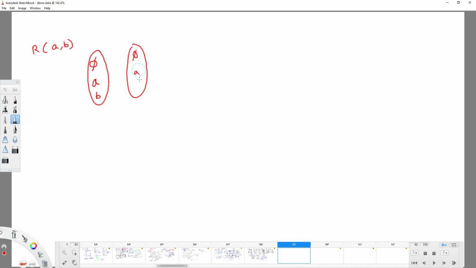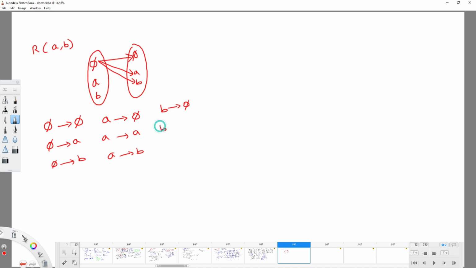One is phi, A, B, right? I can define functional dependency between phi and phi, meaning that I am not going to take anything. Similarly, I can write phi determines phi, phi determines A, phi determines B. Similarly, A determines phi, A determines A, A determines B, B determines phi, B determines A, and B determines B. Right?